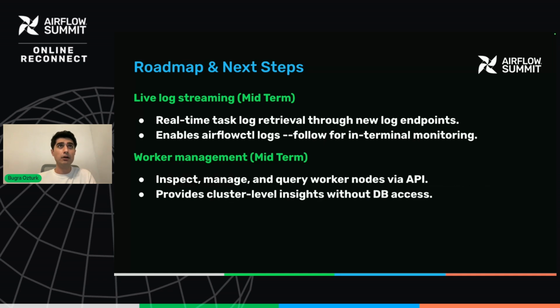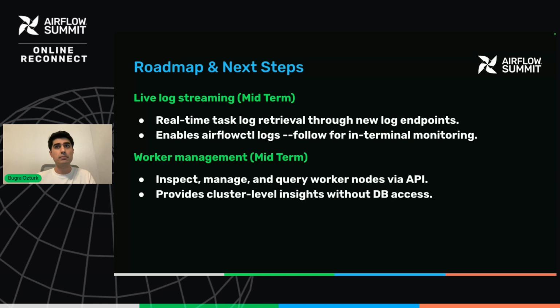Okay, let's talk about the roadmap and next steps. We will have live log streaming. You will be able to see the logs, just like kubectl. And worker management. Let's say you want to inspect a worker. Let's say you have an edge worker running on the other side of the world. You will be able to inspect and manage them, even the regular workers, of course.